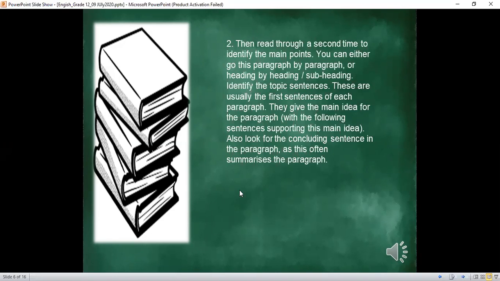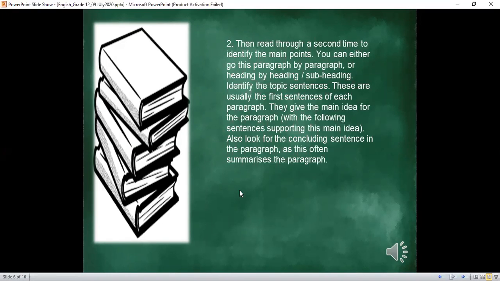Now, you can either go paragraph by paragraph, heading by heading, or whatever the case may be, but it's advisable to go paragraph by paragraph, simply because each paragraph contains an idea that adds to the whole bigger message that the author is trying to convey. So what do you do here? If you go paragraph by paragraph, obviously the topic sentence is always carrying the main idea.